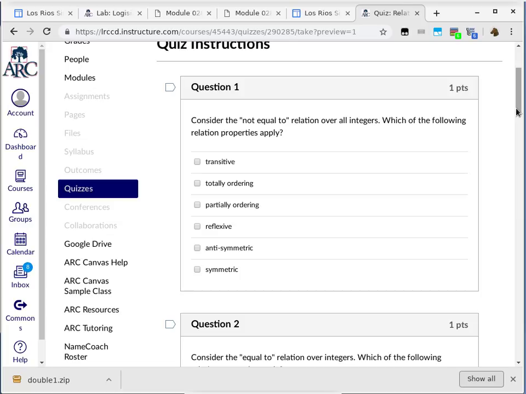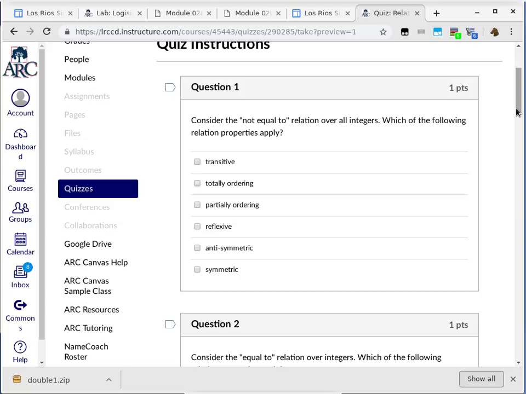Well, that depends on whether it is even partial ordering. Partial ordering also relies on whether it's reflexive, anti-symmetric, and transitive. But we know it's not transitive already. So that's why it cannot be partially ordering, and cannot be totally ordering either. Is that okay? So we have just answered the first 3 of the whole bunch.